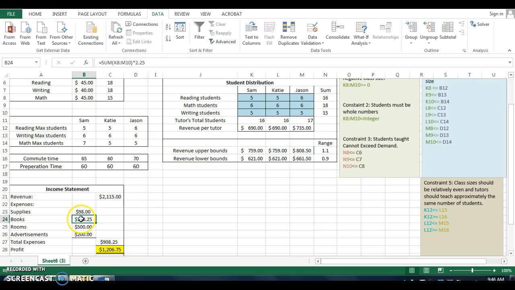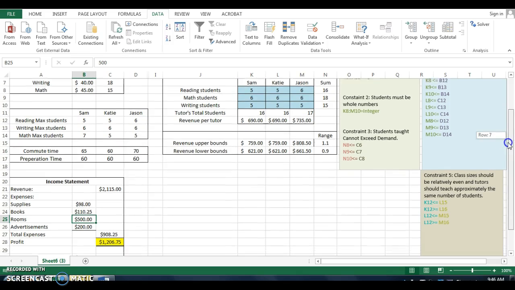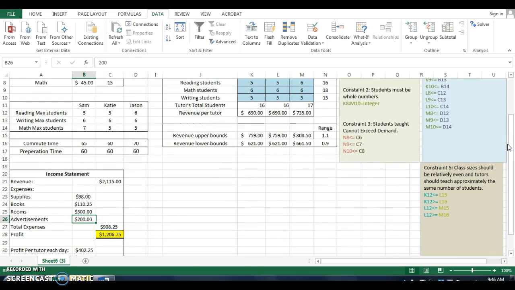And for books, I figured on average it would cost them $2.25 for a book. So I simply summed the number of students in each class and multiplied it by 2.25. The rooms and advertisements costs I figured were fixed costs, and so I kept them steady. And this eventually led me down to the profit, which is $1,206.